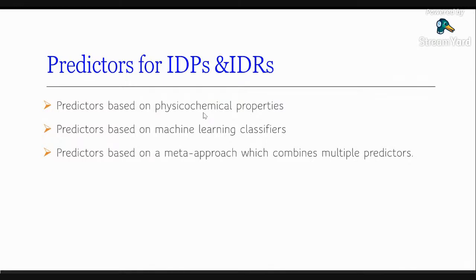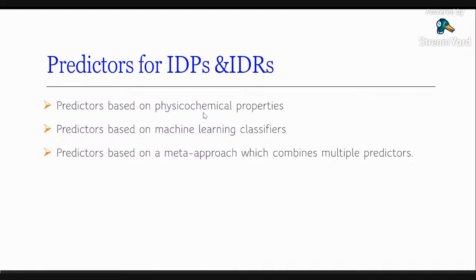Now there are other kinds of predictors which are based on machine learning approaches. As you know, machine learning and AI are now in high demand, and people are trying to use these approaches in these predictions. So these are predictors based on ML and AI.